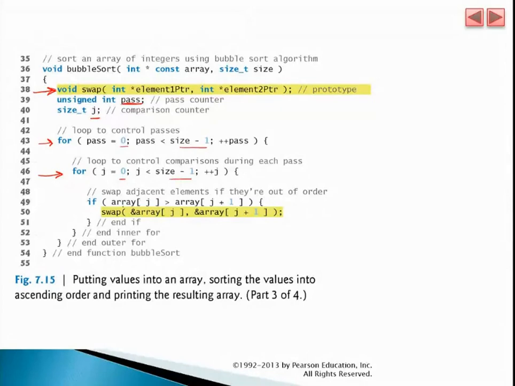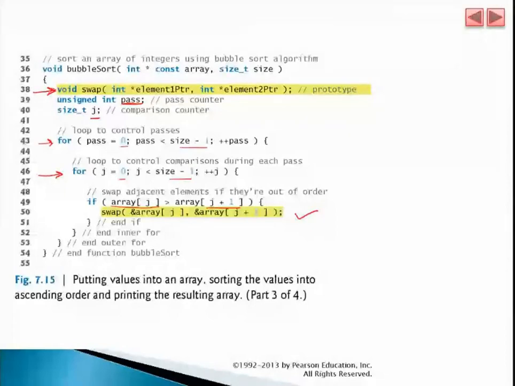And then what we are doing is, if a of j is greater than a of j plus 1, then we will call swap, otherwise no need to do anything. So we will call our swap function, and we are expecting that swap will actually swap the elements in the original array.